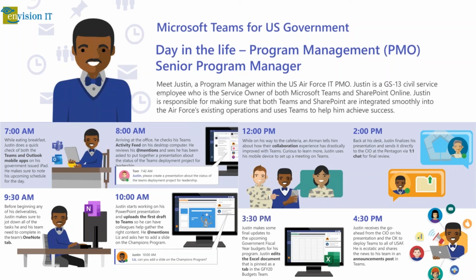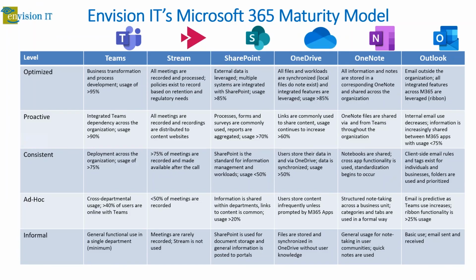As you look to the next slide, which is again focused back on the maturity model, the maturity model itself, as Peter mentioned off the top, walks through the conversation from an optimized solution, which is your best case in terms of how organizations will use the Microsoft 365 suite.